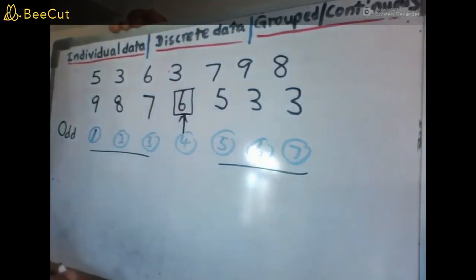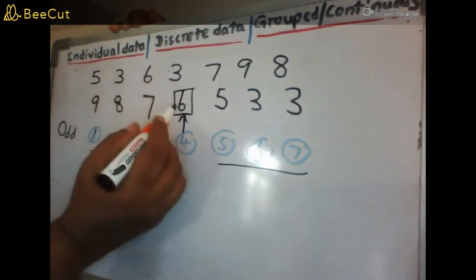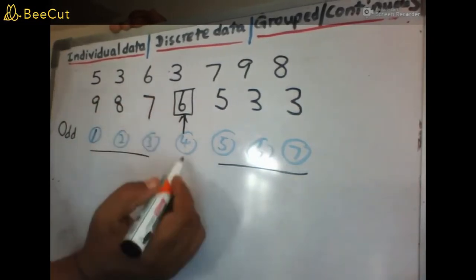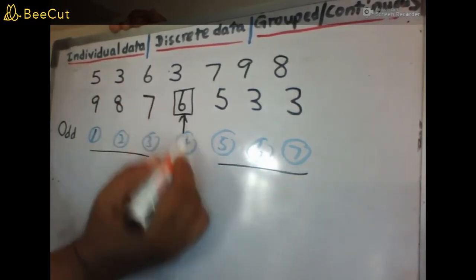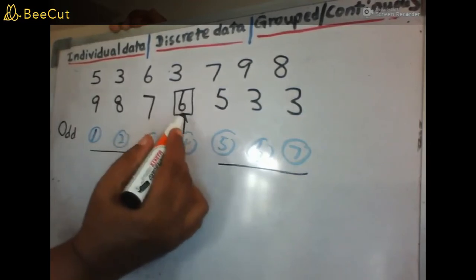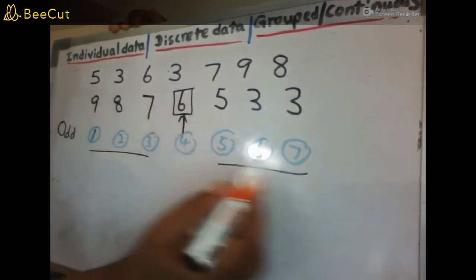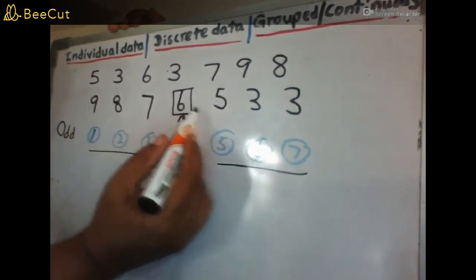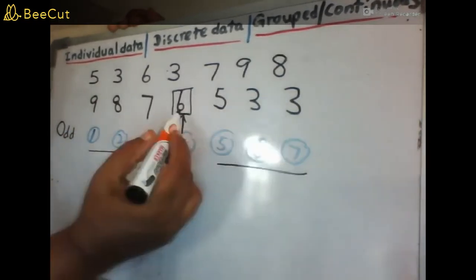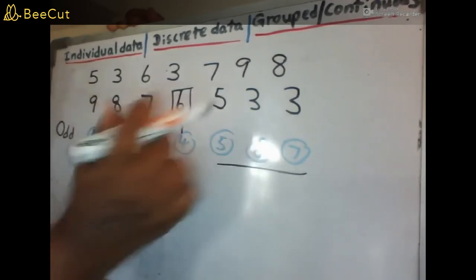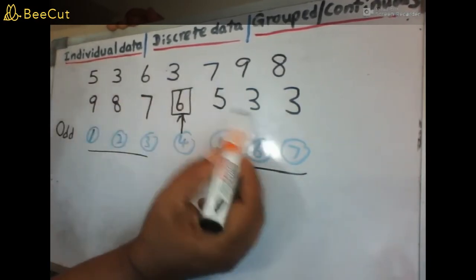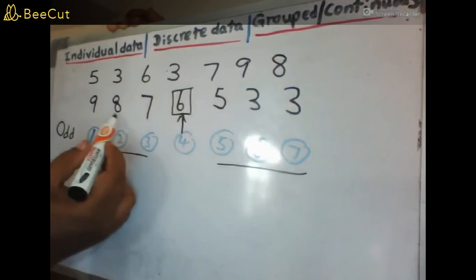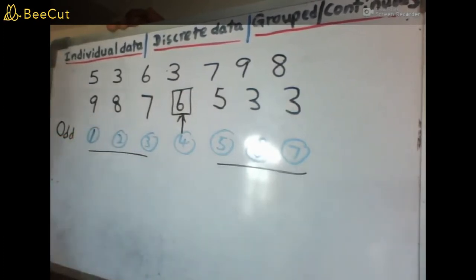The median is 6, the value represented by the middle place. By the median, we divide a series into two equal parts, not the total. Number 1, 2, 3, 1, 2, 3.